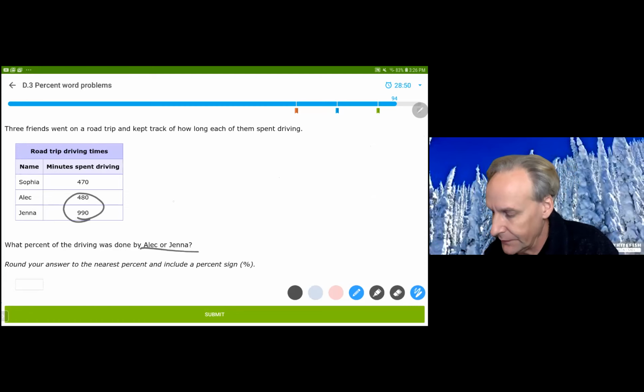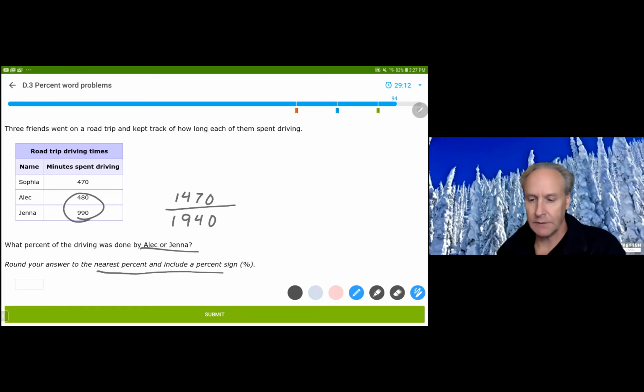So the total for those two is going to be 1470. And the total amount for everybody driving is going to be what? Let's see, it's 14, 18, 1940. Is that right? And we are going to round it. I'm just going to double check everything.